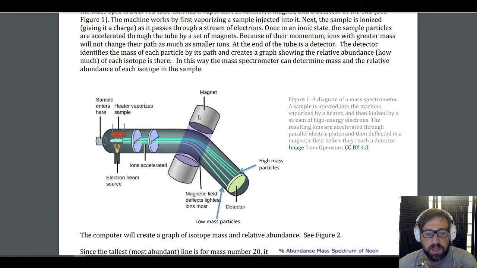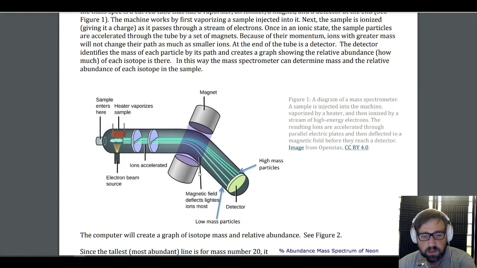And since they're positive, we can use magnets to deflect them. And remember, the lighter things are going to be deflected more than the heavy things. Heavy things are going to be deflected less. So that means we can start separating out the different isotopes based on their mass, how much they weigh, which is exactly what we want to do. And then it flies down and hits a detector. If it weighs a certain amount, it hits the detector.